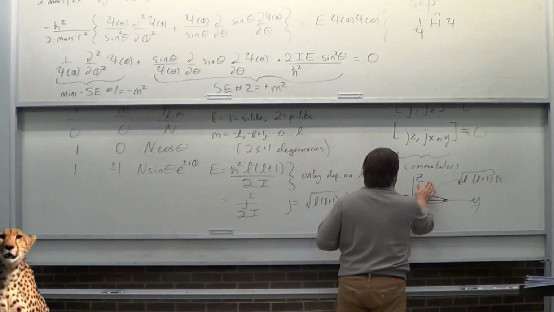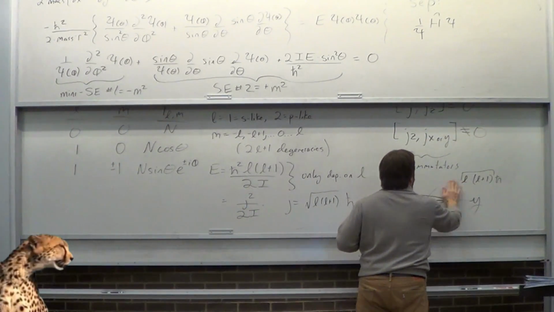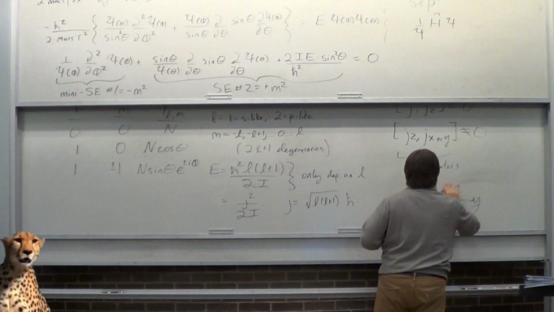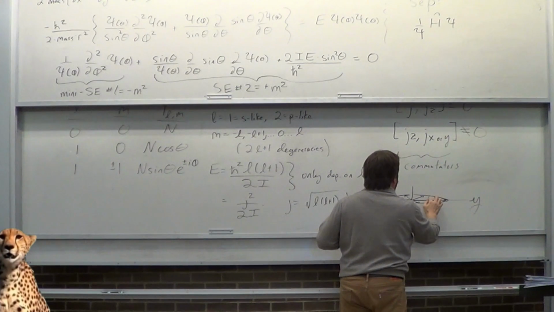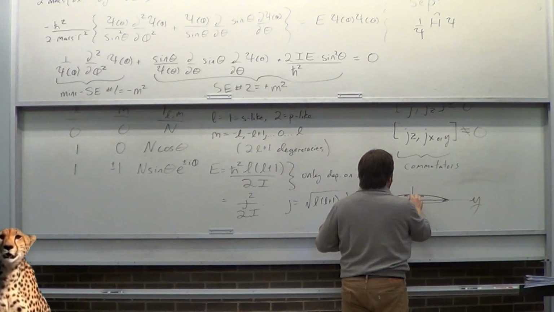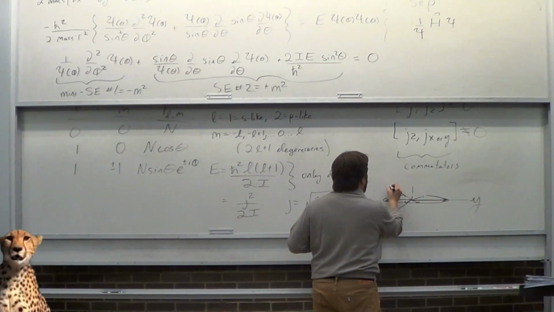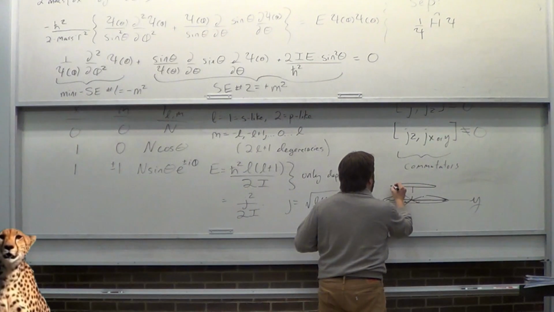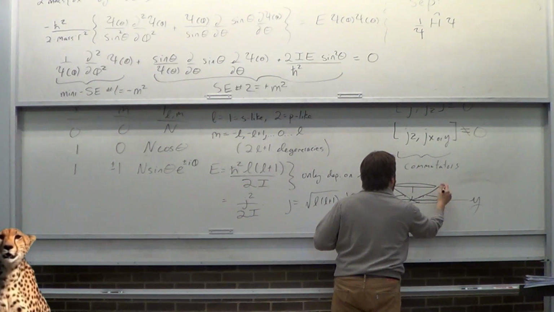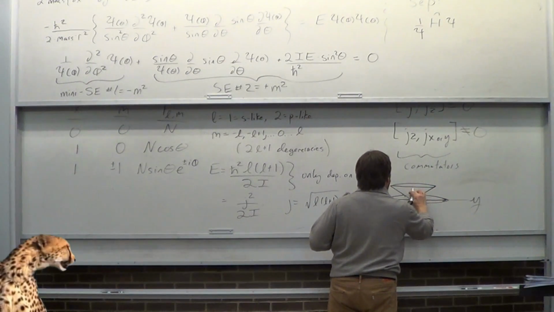Okay, so now that's the z component. Now you know that if we have an angular momentum, let's do a p state. If we do a p state, then you know that there can be a greater projection onto the z-axis. So I'm drawing that here, trying to make it look nice.